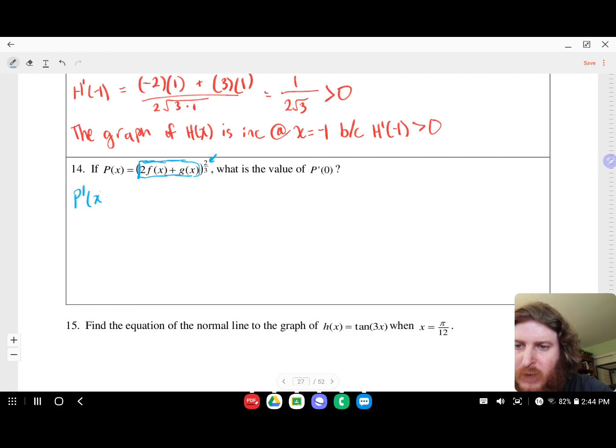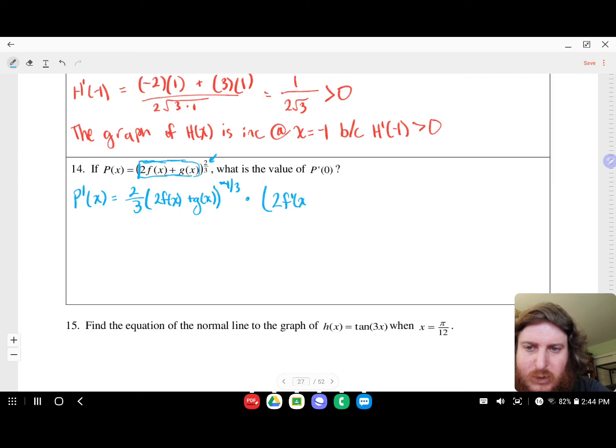So we're going to do p prime of x first. 2/3 times our box, which is 2f of x plus g of x to the negative 1/3 power times, now we're going to put in parentheses, 2f prime of x plus g prime of x, right? There's no product rule here because of the plus. There's no quotient rule, obviously, because there's no dividing. But the plus sign is kind of acting as our separator. So when we do the derivative of this box, the plus sign is a separator.